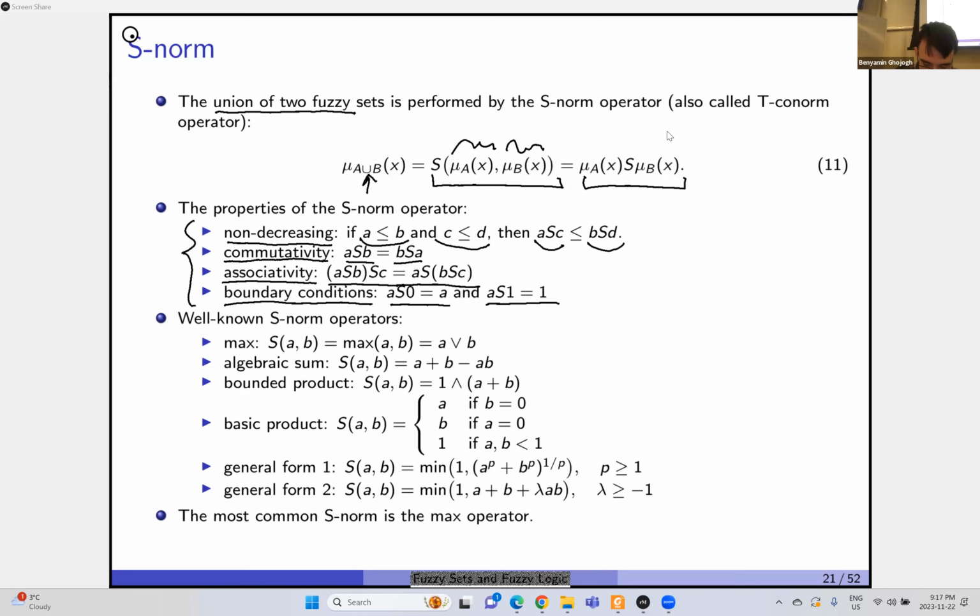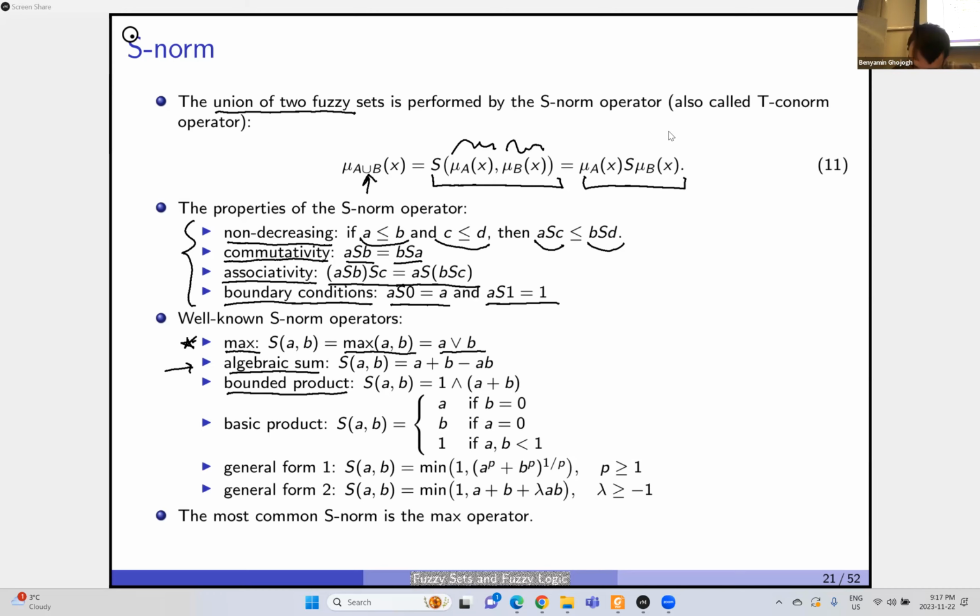Well-known S norms, as you can guess, the simplest one is maximum, AVB. Okay? Algebraic sum, A plus B minus AB. Bounded product. By the way, we engineers, we usually like these simple ones. But if you go to pure math departments, they might use these things, algebraic sum or algebraic product. Okay?